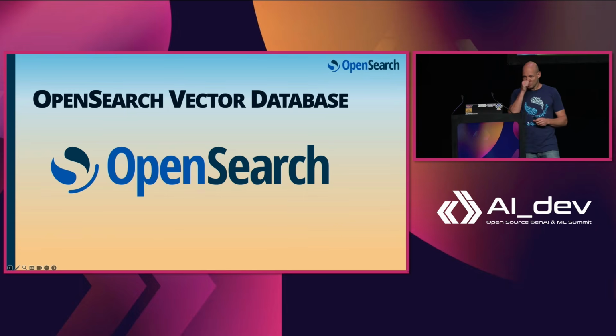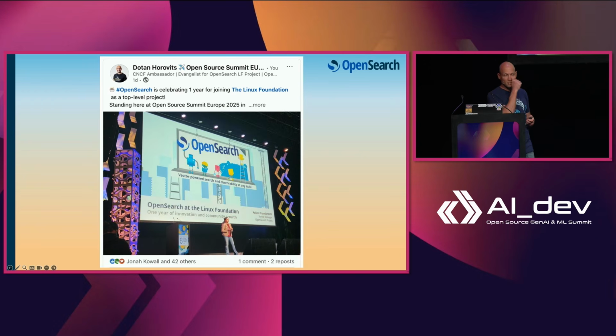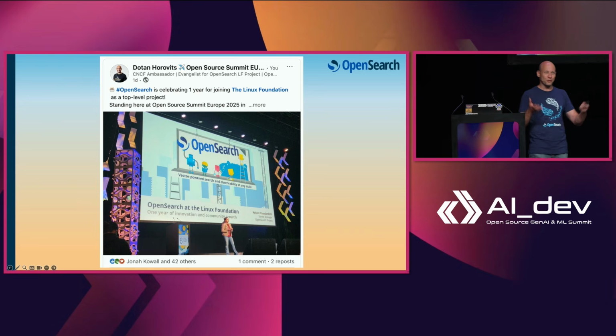So I'd like to introduce the OpenSearch vector database. It's an open source platform for AI-powered search and analytics. It was initiated by AWS. And during last year's Open Source Summit Europe in Vienna 2024, the OpenSearch project became part of the Linux Foundation. Actually, we just celebrated the 1-year anniversary a couple of days ago here at the Open Source Summit Europe 2025.